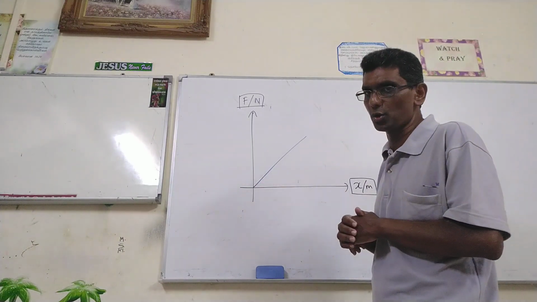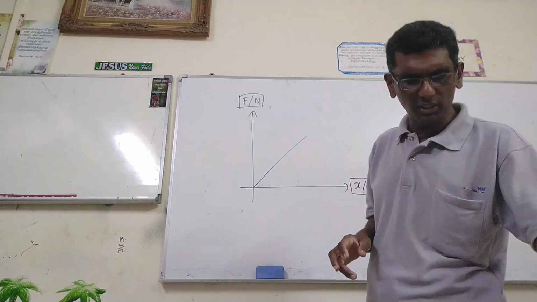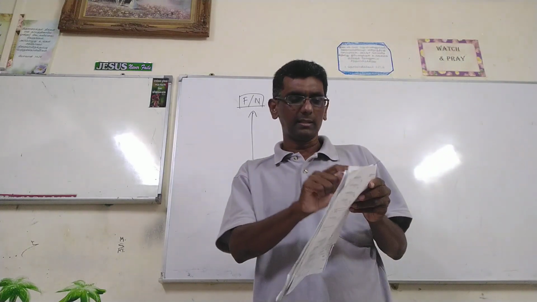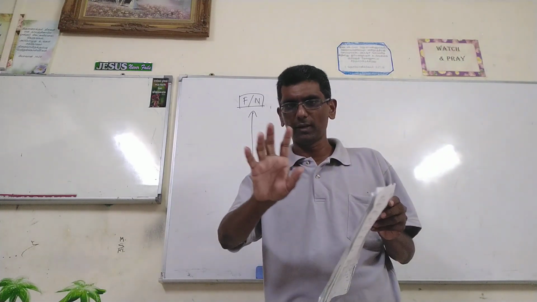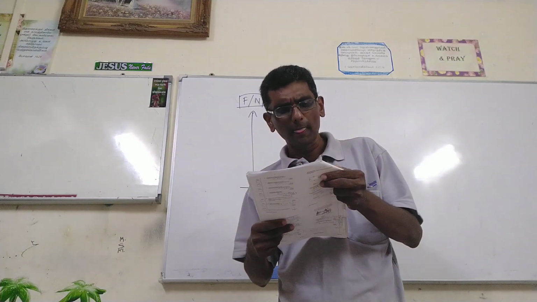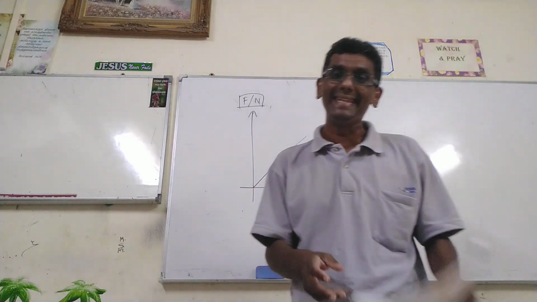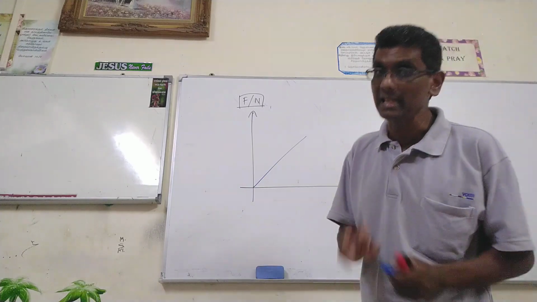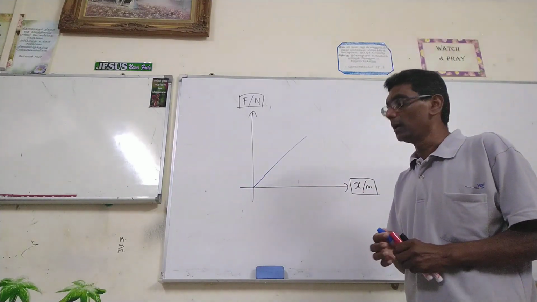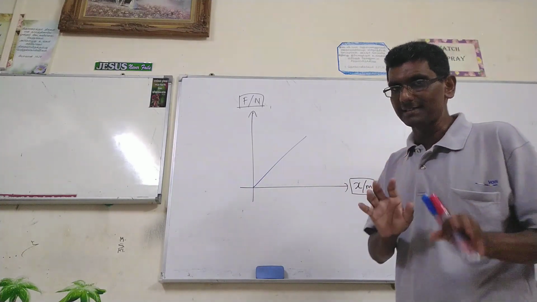But since the question C1 asks for the graph, and C2 asks you to mark the elastic limit E, then you must draw more. You must understand this one.